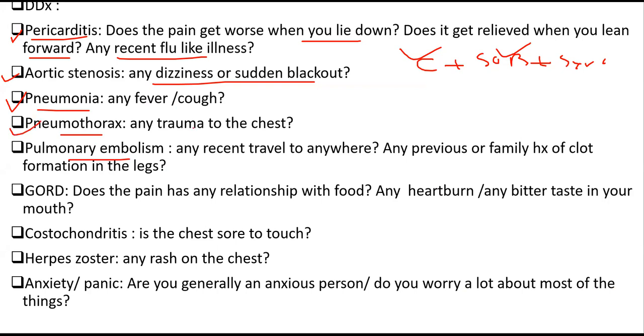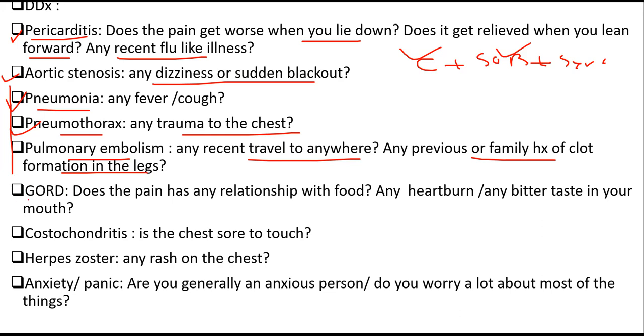For pneumothorax, ask about any trauma to your chest, any history of lung condition. For pulmonary embolism, there's a lot to ask, but only one or two questions you can ask here: any recent long travel anywhere, any previous or family history of clot formation in the legs or lungs. That will cover your respiratory system-related questions.